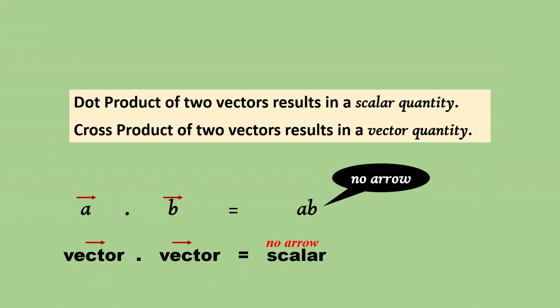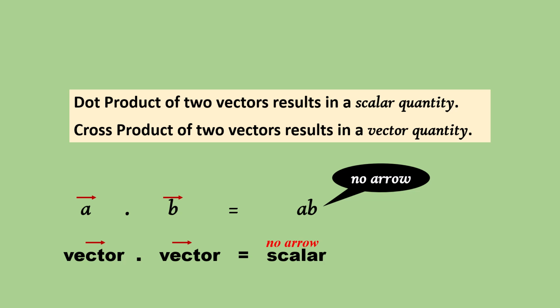Now once again we repeat that dot product will give you a scalar quantity and cross product will give you a vector quantity. Now see the example given below. A vector, why it is a vector? We have put an arrow on the top of A. B vector, again we have put an arrow on the top of it.